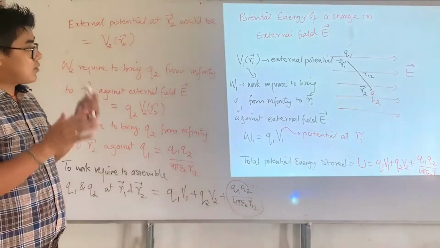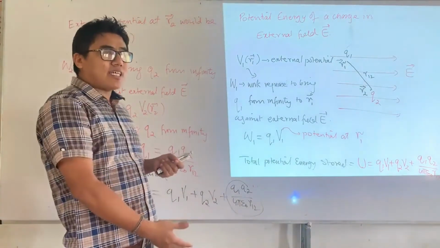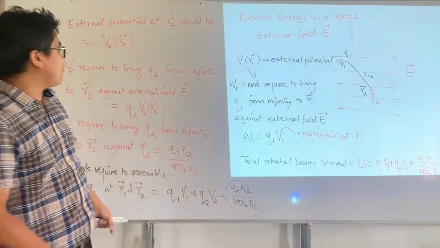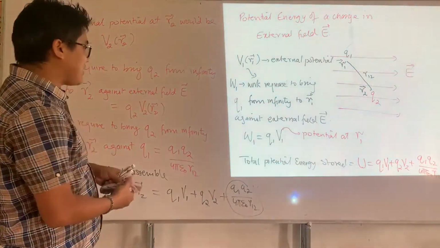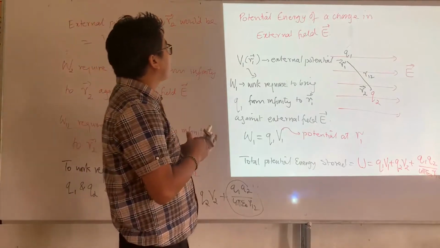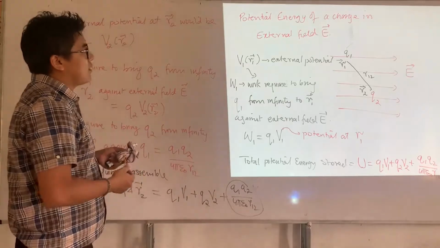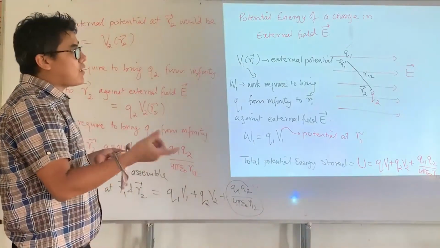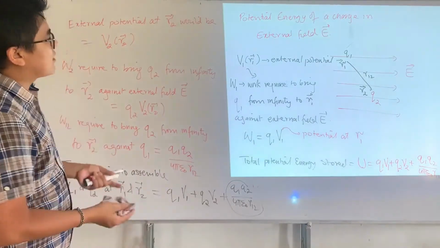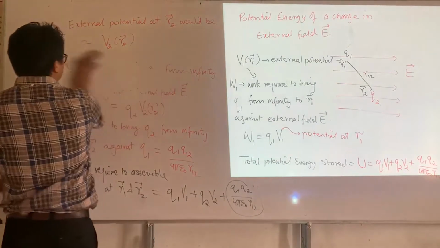This is for two charges. Then I can go on for a 3 charge system, 4 charge system, and so on. You can do that as homework also. So this is what we talk about as potential energy of charges in an external field: 1 charge, 2 charges, n number of charges in an external field. You can derive it.